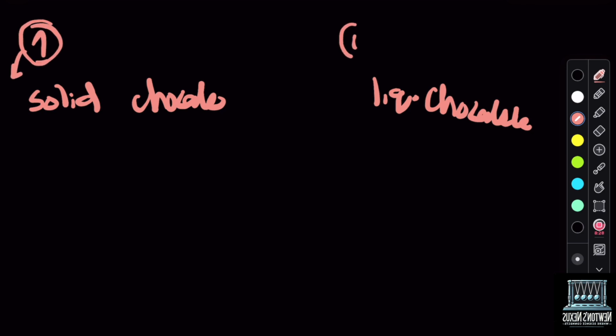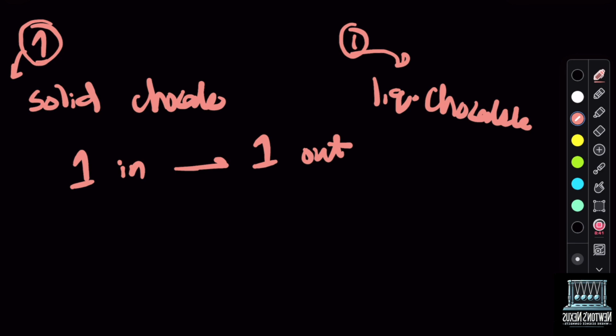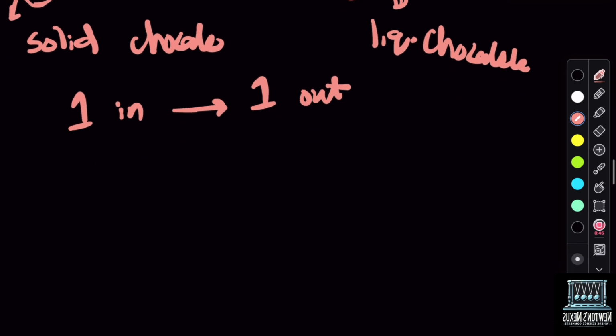It means one input gives one output. I can also say that it is a one-to-one function, because my machine only gives one output when I plug in one input.